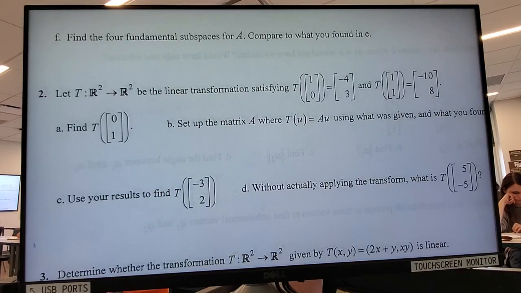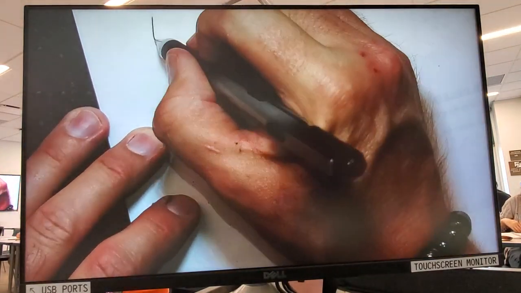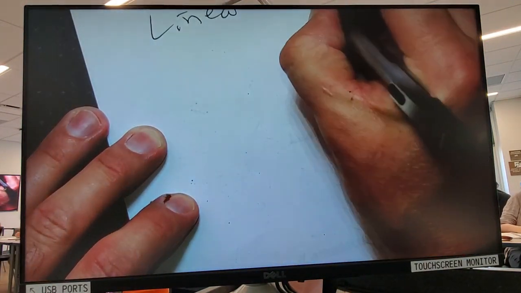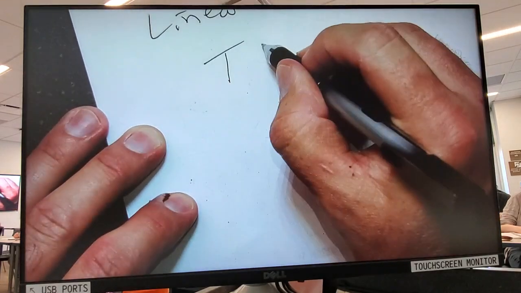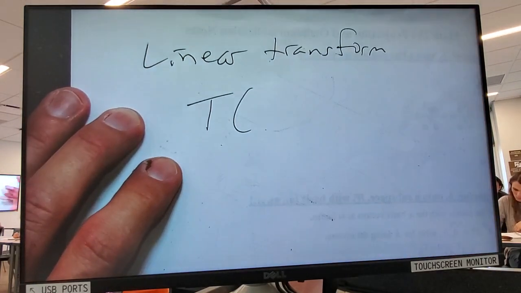It's a linear transformation, which is a ton of information given to you in 2 words. If I subtract the inputs, what happens to the outputs? So for example, if I do T of b minus a, let me write this down. If I know it's linear, let's start with addition.